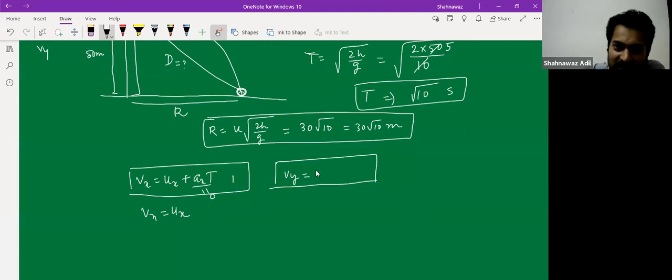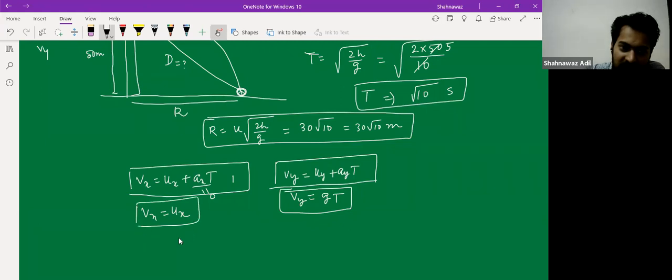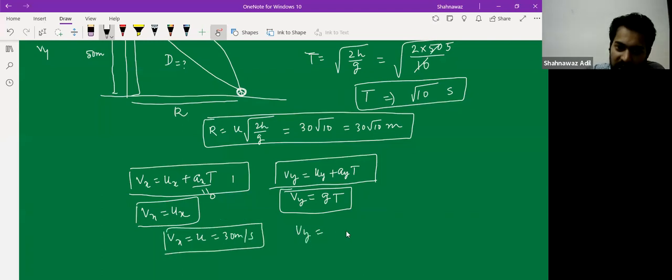So Vy will be what? Right. So Uy is 0. So this is gt. Okay. So Vx is what? U, which is 30 meter per second. And Vy is what? 10 into root 10 meter per second.